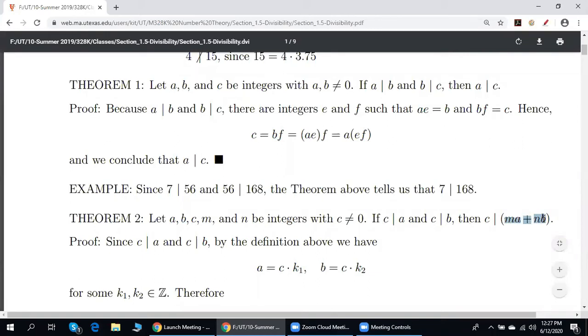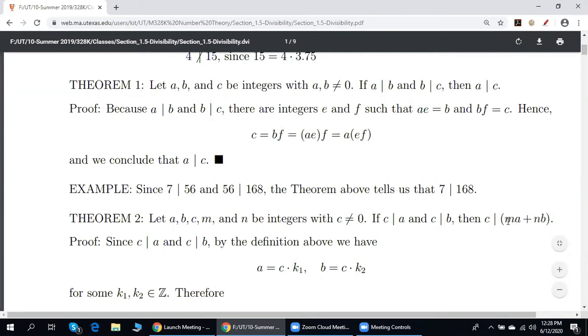We call this a linear combination of A and B. So, no matter what M and N are, if M and N are integers, C divides this. In particular, if M is equal to 1 and N is equal to 1, C divides A plus B. So, if C divides A and C divides B, C divides their sum.